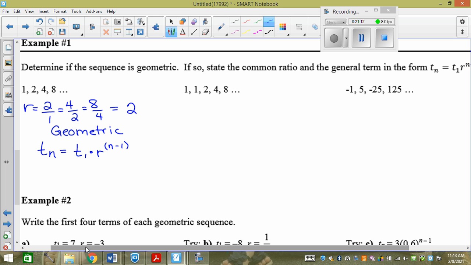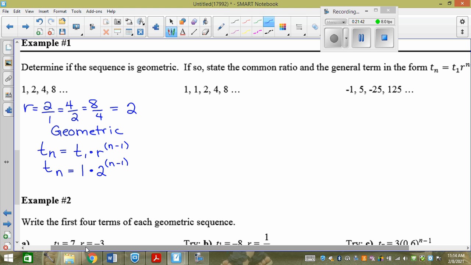I put a dot because I never use multiplication symbols anymore because they look like X's. We just fill in T1 and R. So Tn stays Tn in the general, just like in arithmetic. T1 is 1, times R, which is 2, to the n minus 1.